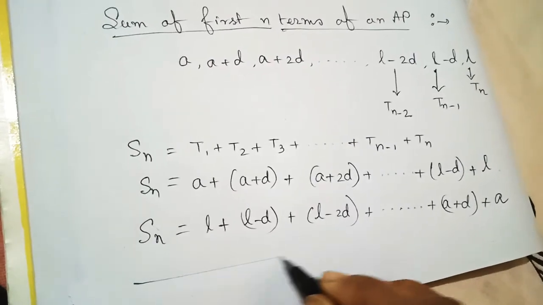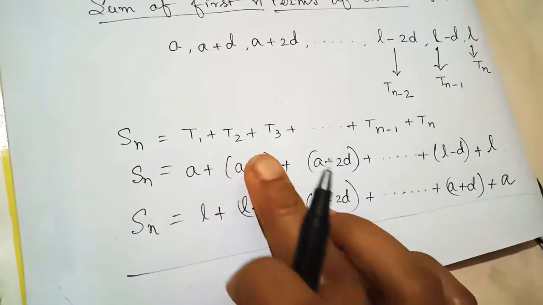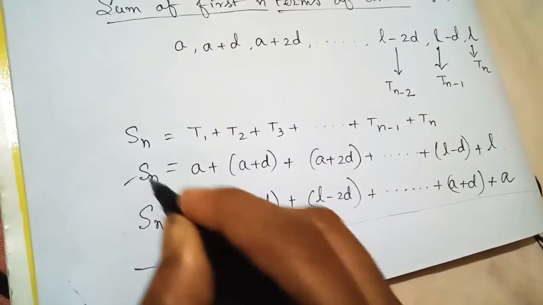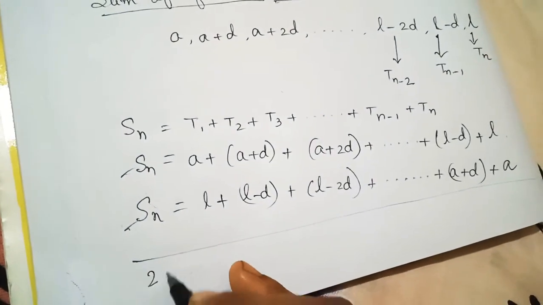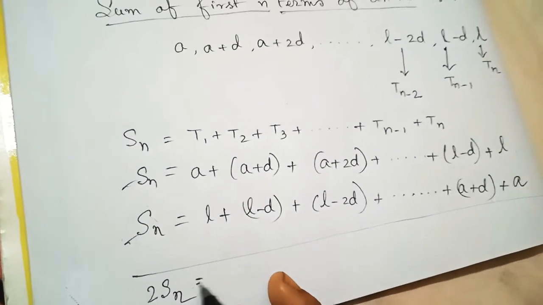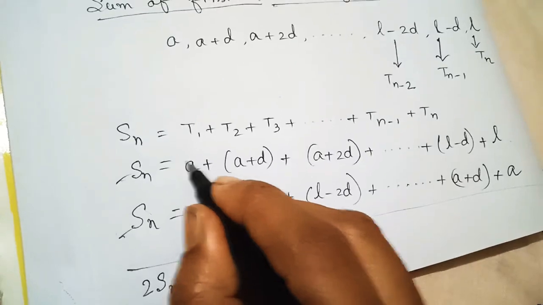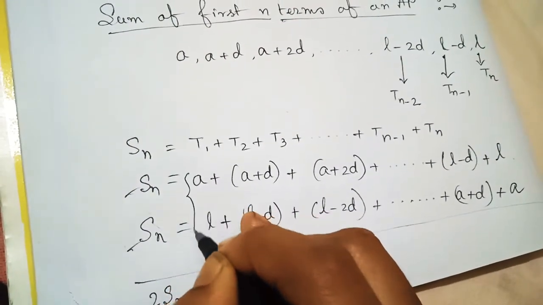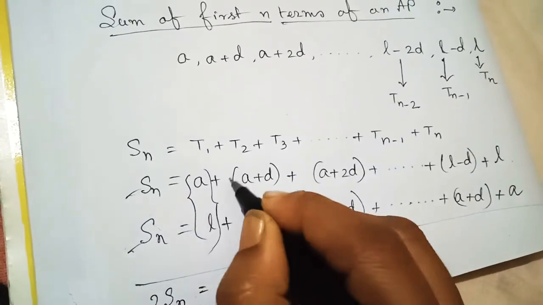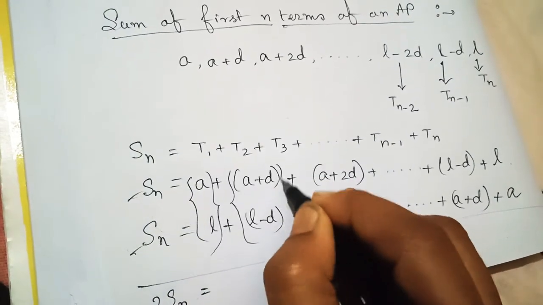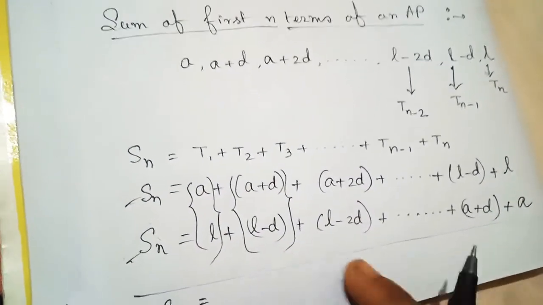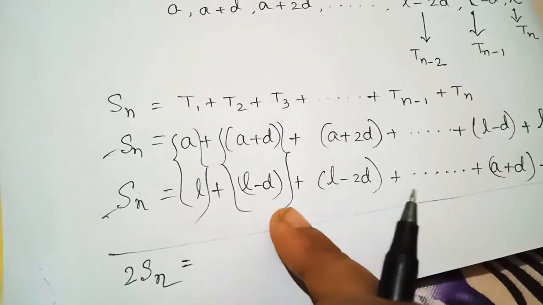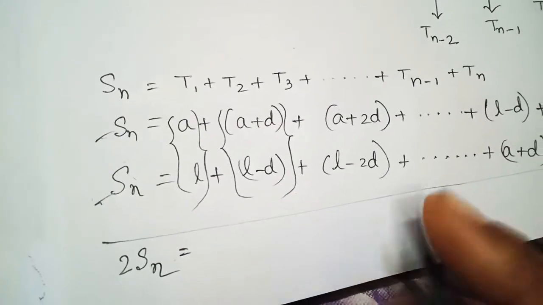Now if we add these two, we get Sn plus Sn, meaning 2Sn. Look, every corresponding number we are adding. Don't put the second brackets; I have put them just to make you understand.